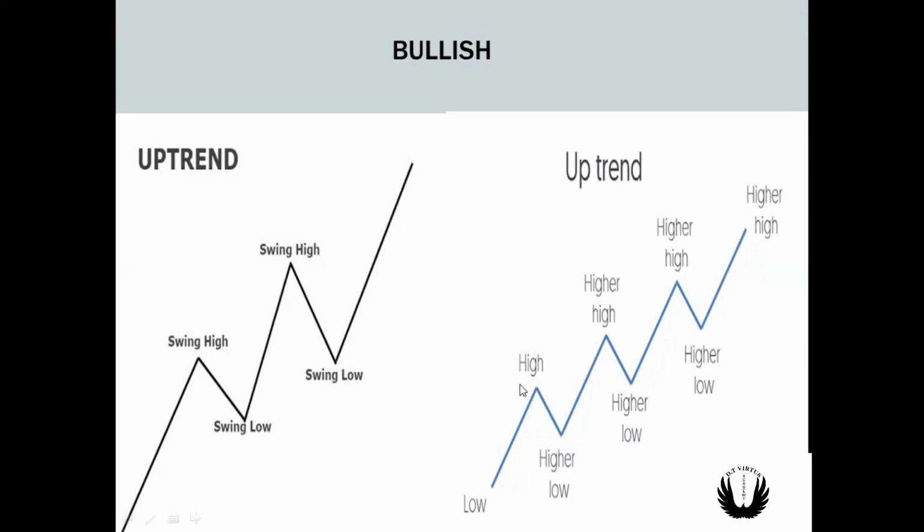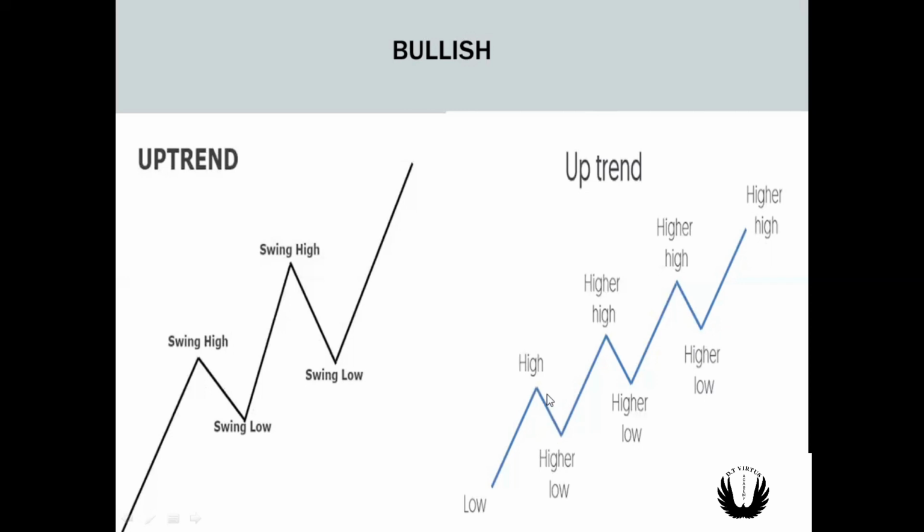If you have this kind of trend, it won't be picture perfect. But when we have this particular pattern in the market, it shows that we are bullish. We have an uptrend. We are in an uptrend.